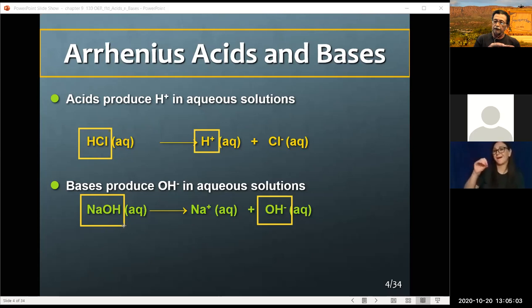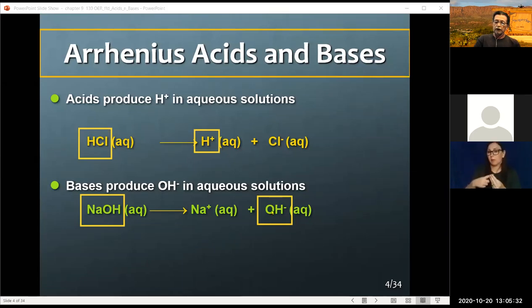I can't think of any covalently bonded hydroxide-producing bases off the top of my head. So you'll find the bases, at least in Chem 130, all to be inorganic compounds.